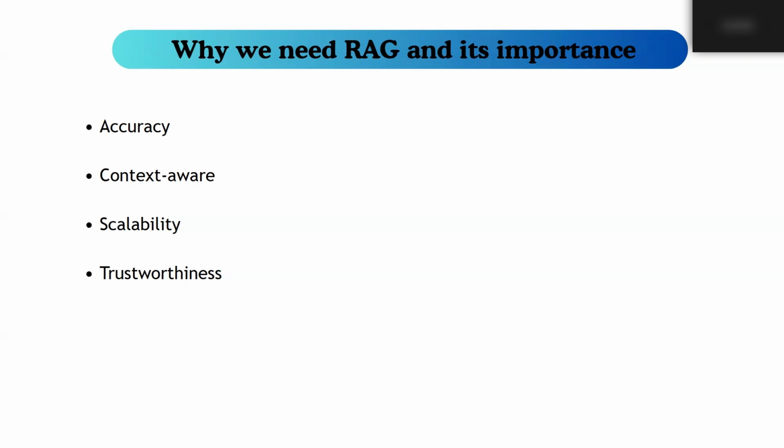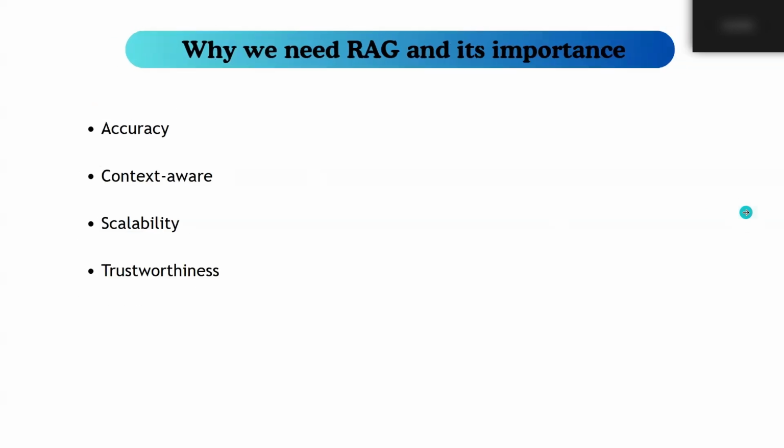The third is scalability, where it can handle large amounts of information that a human or a standard AI might struggle with. Fourth, and the last, is trustworthiness. Since the response comes from verified sources, we can rely on it more.